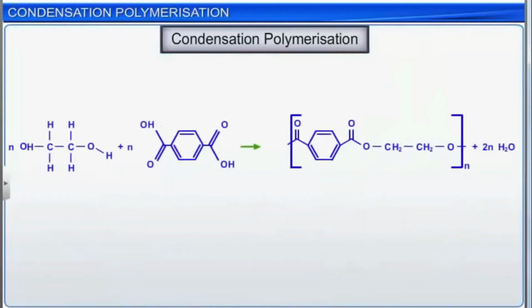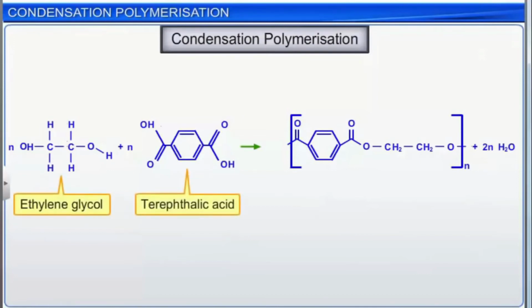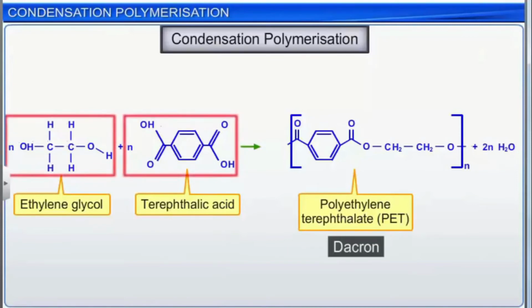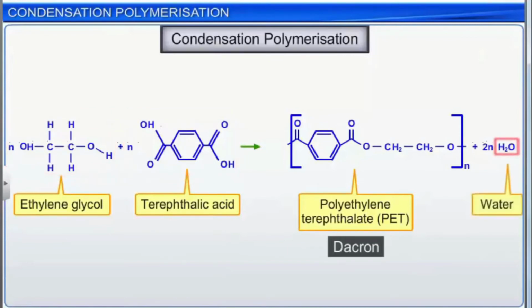Illustrated here is the condensation reaction between ethylene glycol and terephthalic acid to form polyethylene terephthalate, PET, also known as Dacron. Note that in each step, when two different monomers combine, a water molecule is eliminated.